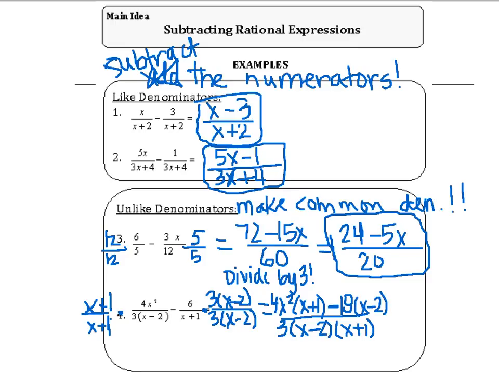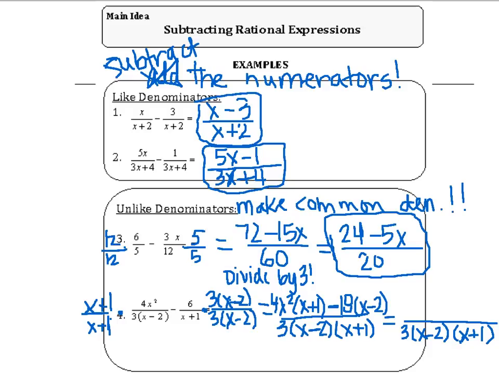Okay, our bottom we can keep in this form, but the top we cannot keep like this. So our top we need to simplify. So the bottom, I'm going to keep it 3 times the quantity x minus 2 times x plus 1. Okay, I'm going to keep that bottom exactly in that form, but the top I need to simplify.